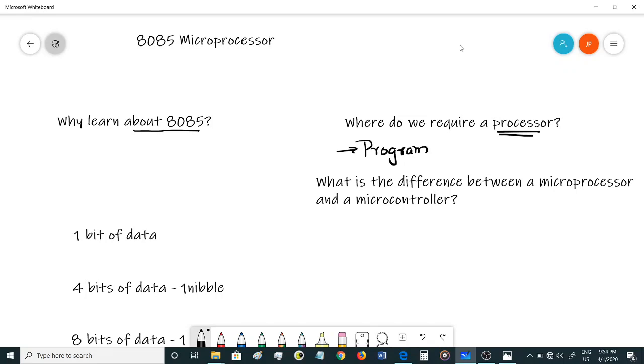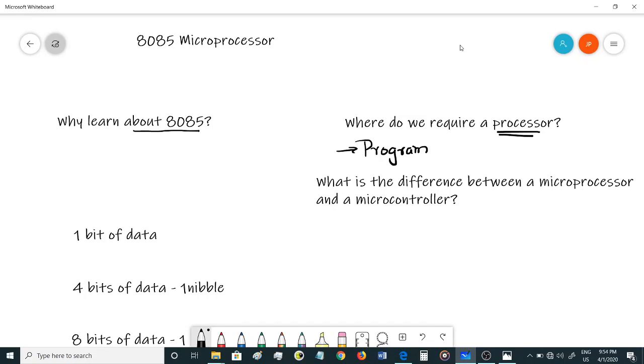In the washing process there could be instructions like rotating the motor in one direction for a certain period of time, then reversing the direction, then draining the water, rinsing again, and doing the rotation process again. These are very simple programs basically, and these can be done using a processor or a controller. So that is where you require a processor. You need to decide and run a few instructions.